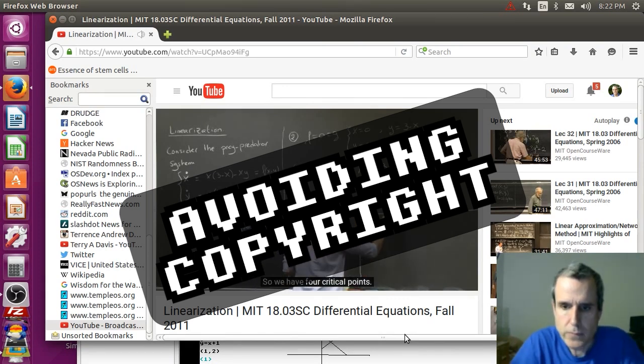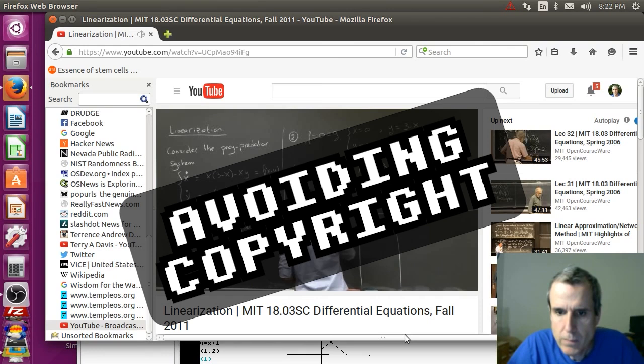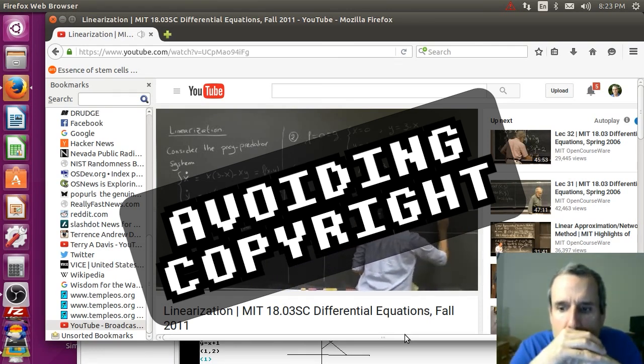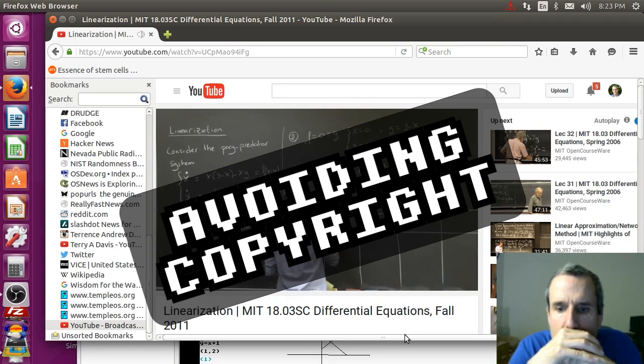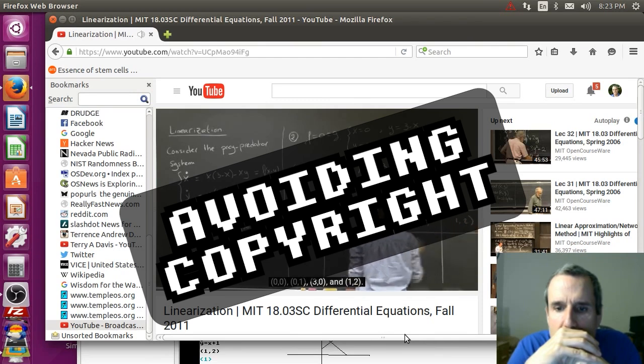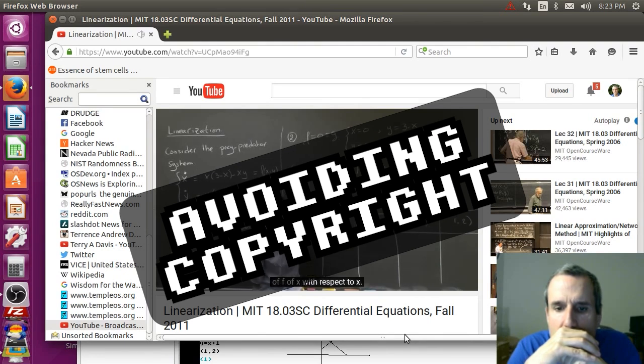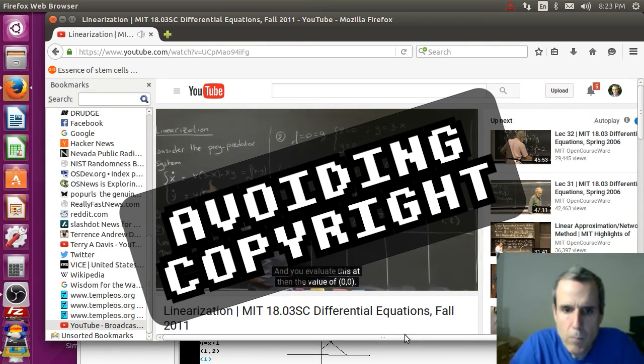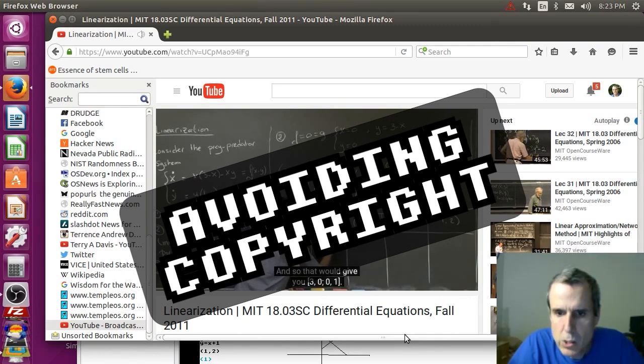So we have 4 critical points: 0, 0; 0, 1; 3, 0; and 1, 2. This is going to just replace the values for the Jacobian. Here you compute the derivative of f with respect to x, and you evaluate it at the value 0, 0. And that would give you 3, 0, 0, 1.